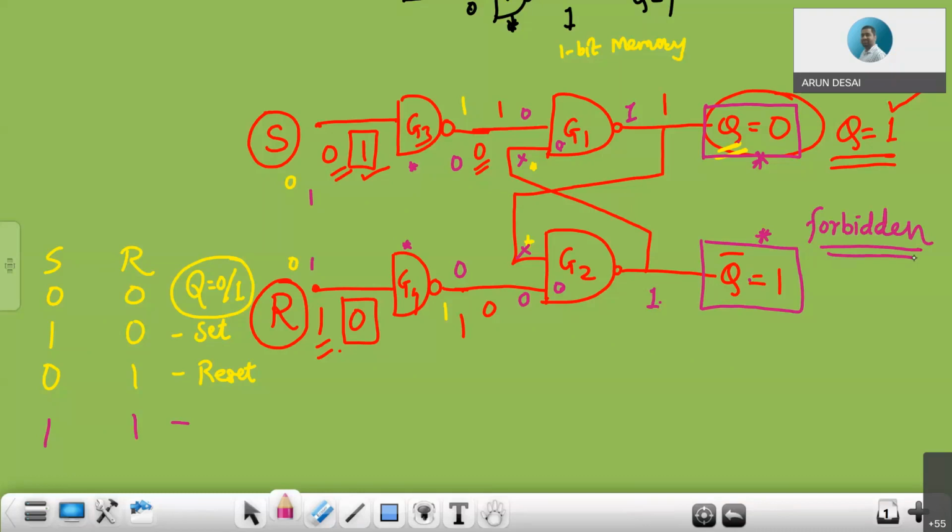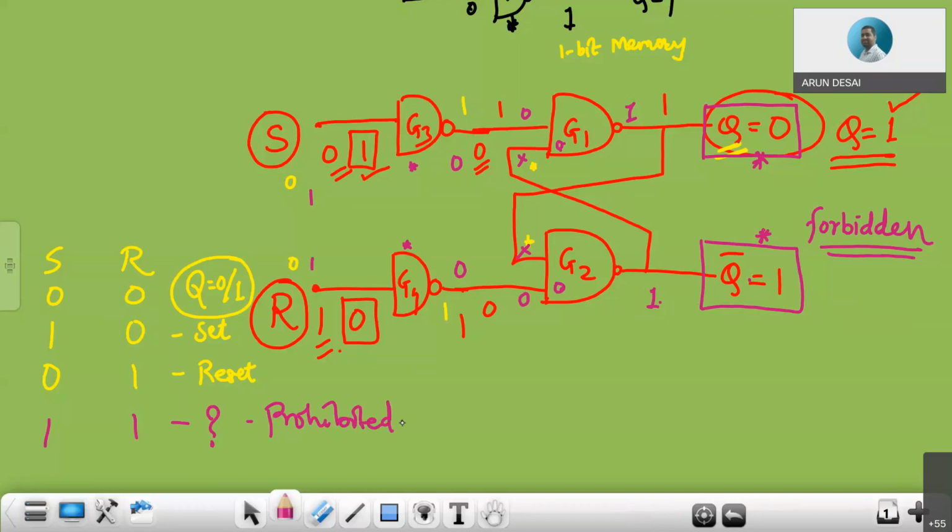In the SR flip-flop, why? Because both the outputs are trying to become 1, which is not possible or against the rule. If one output is Q, then the other should be Q complement. So this case is forbidden, and in the truth table it is written as a question mark. This condition is prohibited in the SR flip-flop.